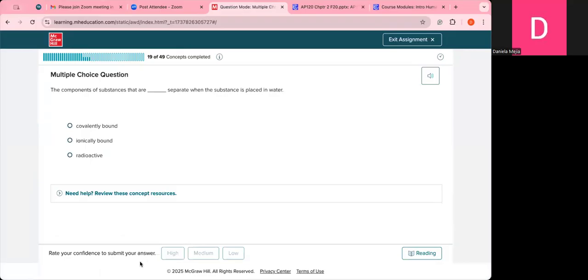The two components of substances that are blank separate when they are placed in water. So what kind of bond causes compounds to separate in water? Covalently bonded substances, ionically bonded, or radioactive?